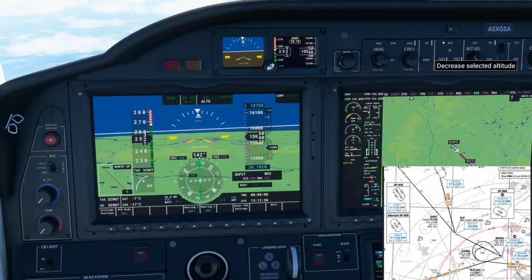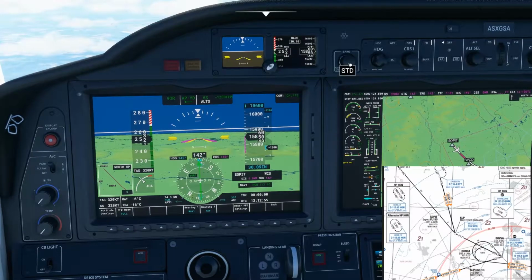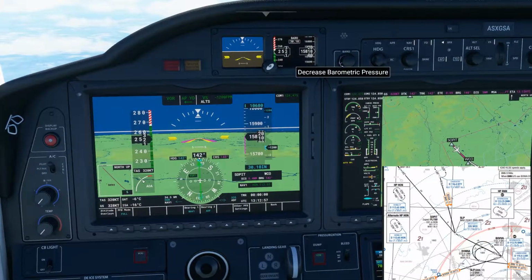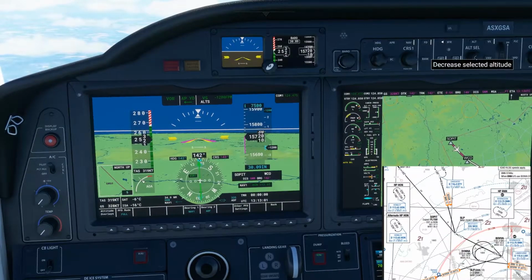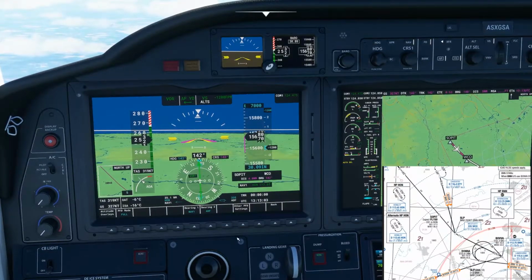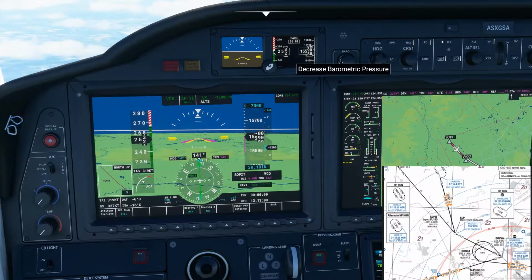We should be on standard technically, because we're above transition, but we'll not worry about that. Okay, it's 7,000. Don't know why that's not going to standard, but.